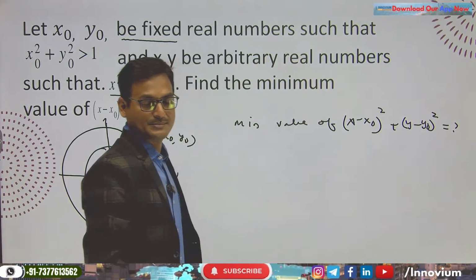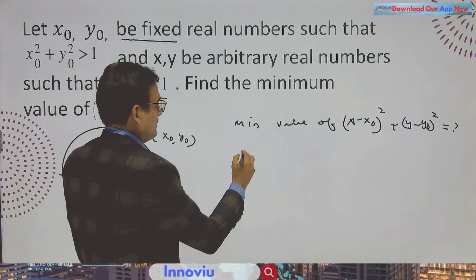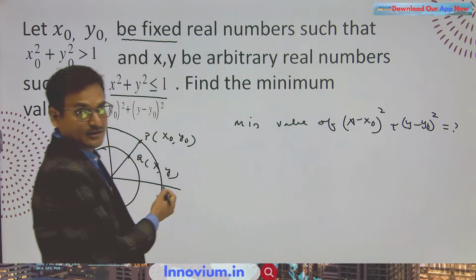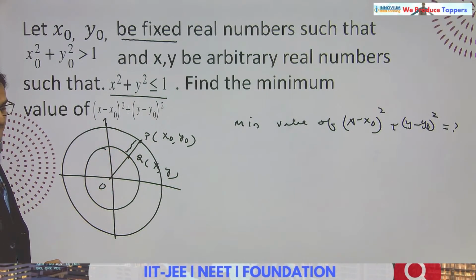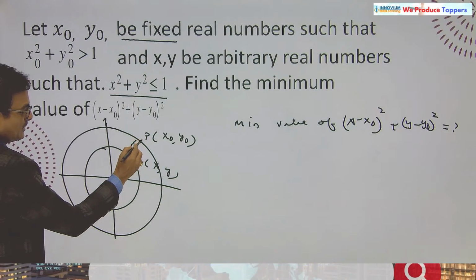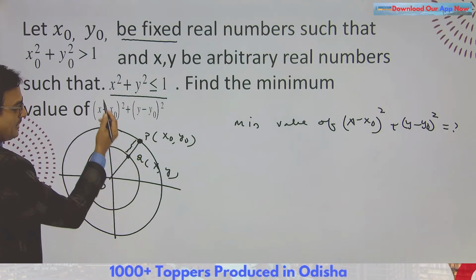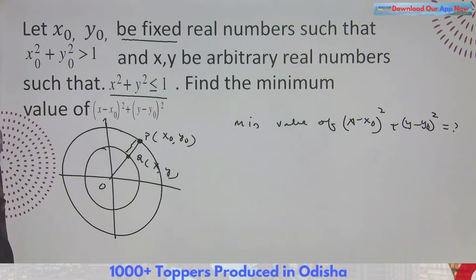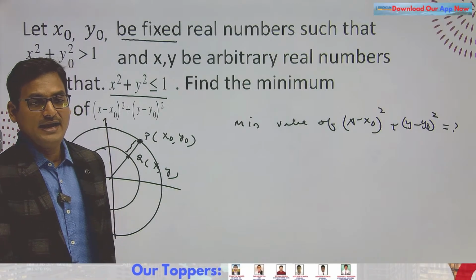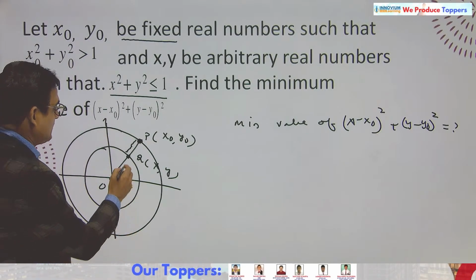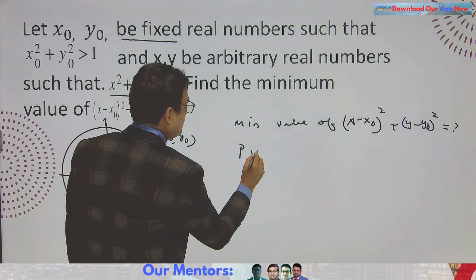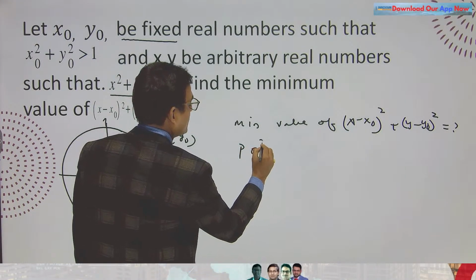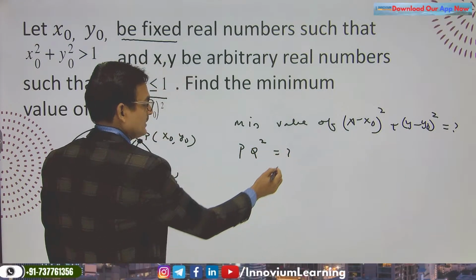We have to find out. That means in the figure we need to find this one, PQ. It is the distance between the point on the circumference of the first locus and the point which lies on the second locus. So we need to find out PQ. PQ का square हमको चाहिए, correct?